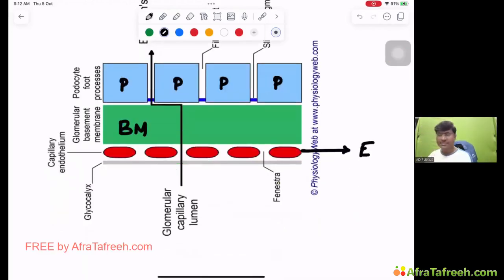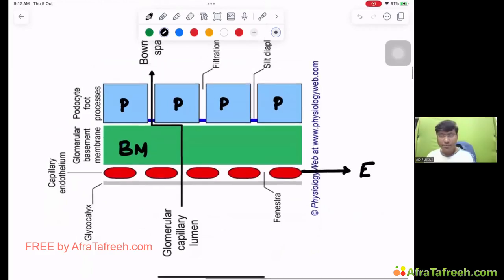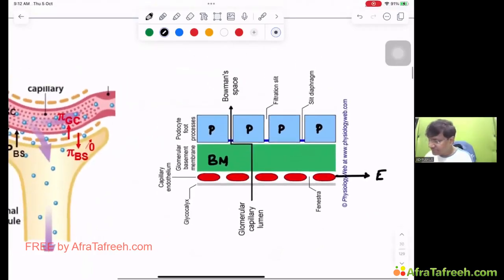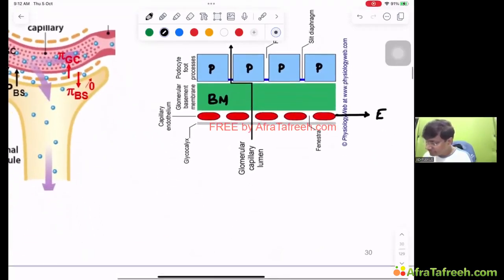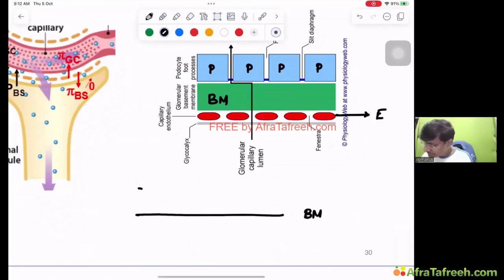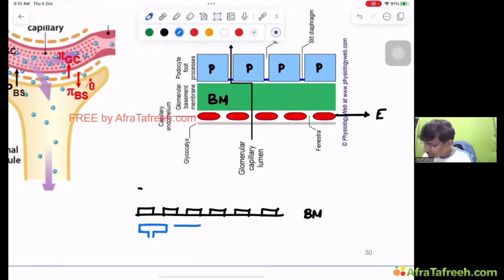Okay, these are the endothelial cells. Now, the image is upside down, but I'll make it very clear. So this is the basement membrane, and these are endothelial cells. And beneath that, you have the podocytes, which are nothing but the foot-shaped processes.